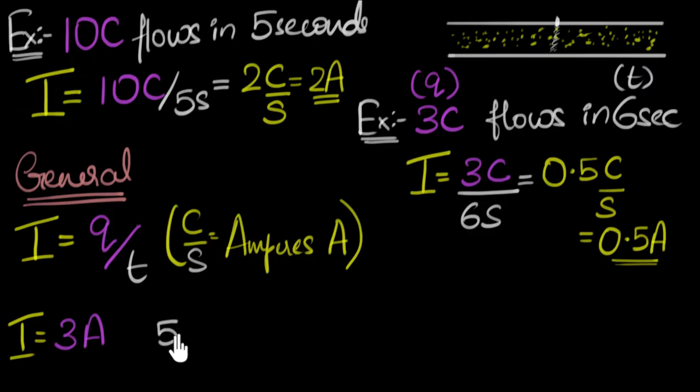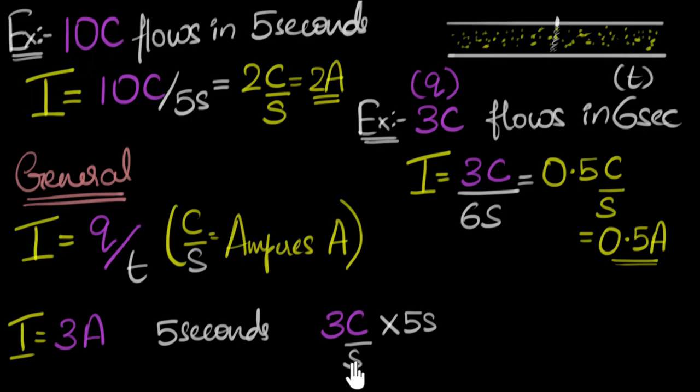So if you wait for 5 seconds, how much charge would have passed through that point? Pause the video and see if you can try this yourself. All right, let's see. We already know that 3 coulombs are passing every second. Since we want to calculate how much charge passes in 5 seconds, we just multiply this by 5 seconds. Second cancels, and we get 15 coulombs.